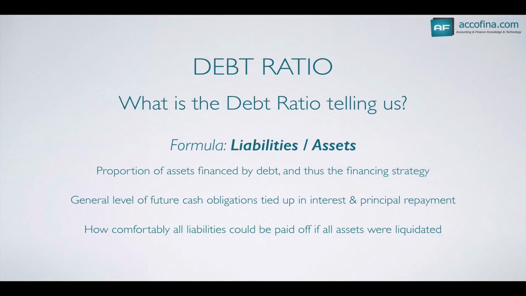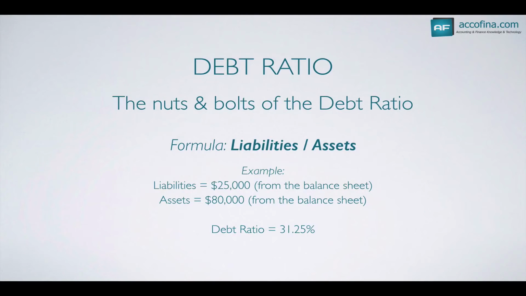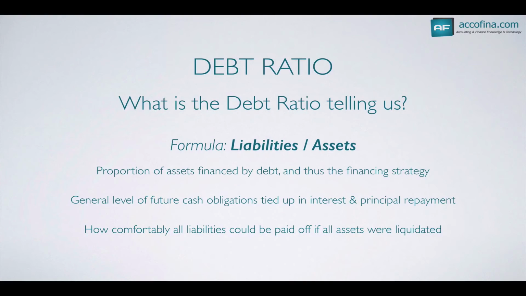So with our ratio of 31.25%, you could say it would take 31.25% of our assets, if we sold them all off, to pay off all of our debts. And what would be left over would be debt-free, so 100% minus 31.25.